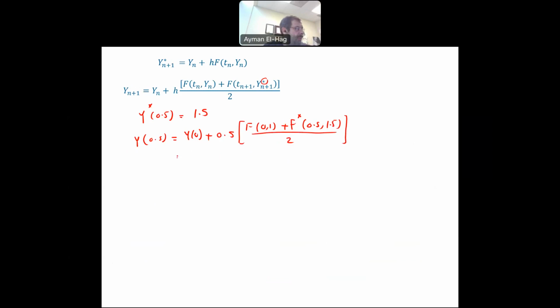So this equals y at 0 plus 0.5 times the function at 0 and 1.